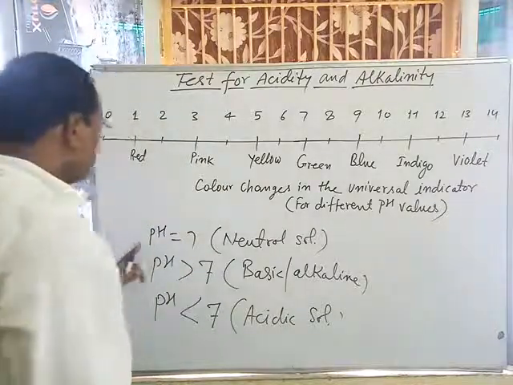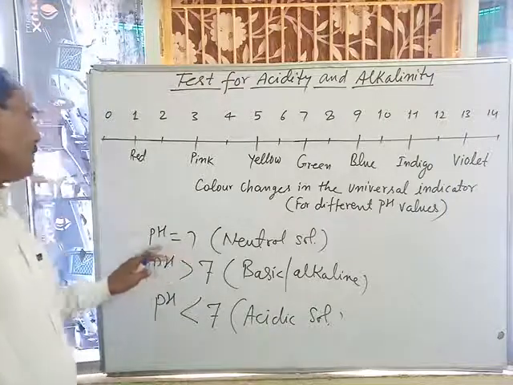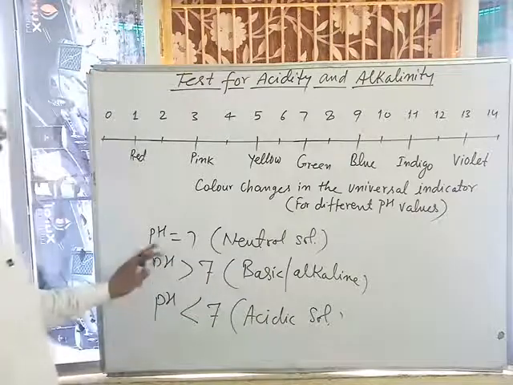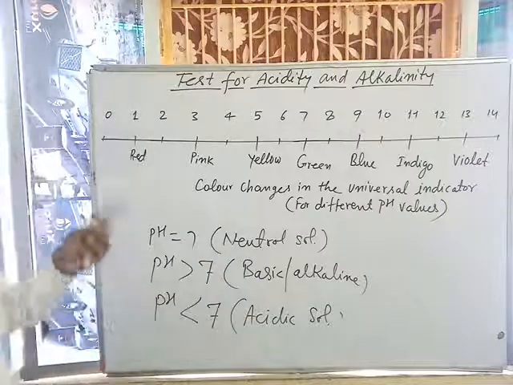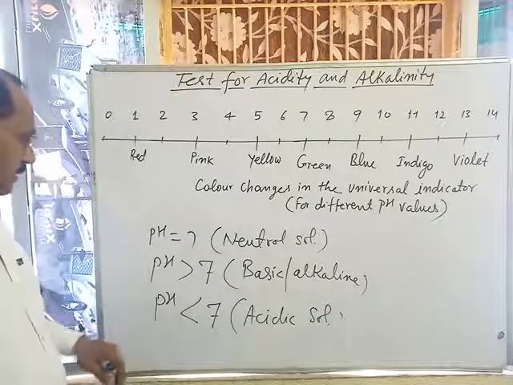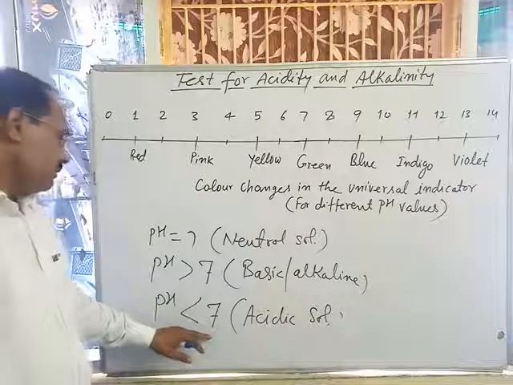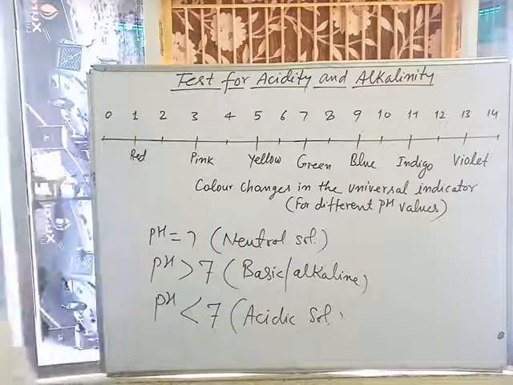A solution of pH value 7 is called a neutral solution. As the pH value increases, the solution becomes more and more basic or alkaline. And as the pH of the solution decreases from 7 to 0, the solution becomes more and more acidic.